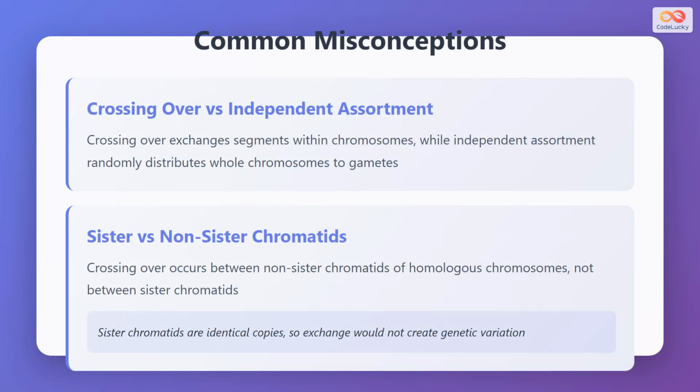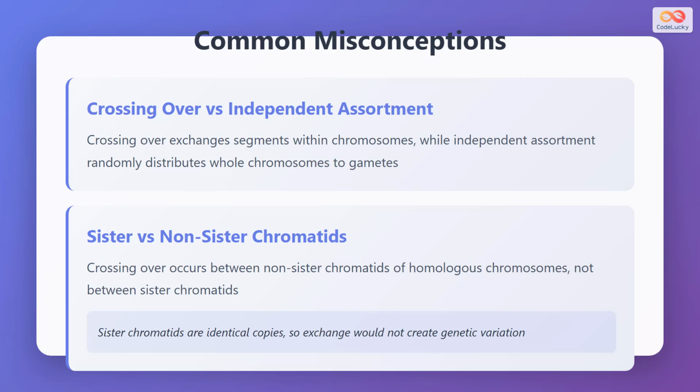Let's clear up 2 common misconceptions about crossing over. First, people often confuse crossing over with independent assortment, but these are different processes. Crossing over exchanges segments within chromosomes, swapping pieces of DNA between homologous pairs. Independent assortment, on the other hand, randomly distributes whole chromosomes to gametes without any exchange of genetic material. Both create variation, but through different mechanisms.